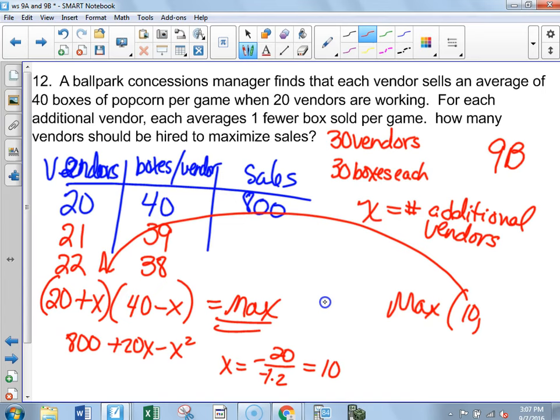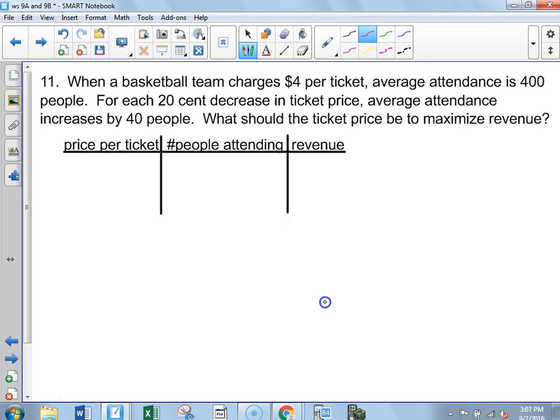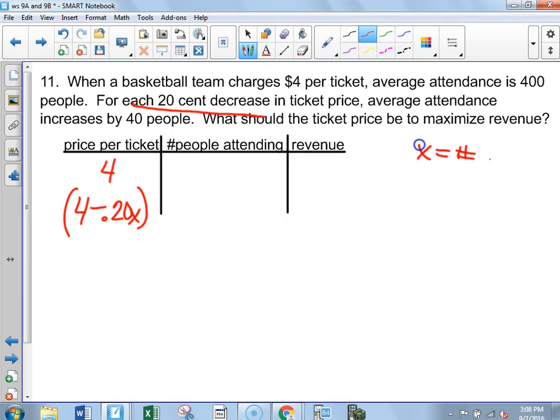Now, the one above it is similar. Just be careful because it starts with $4 per ticket, but it says each 20-cent increase. So this is going to be 4 minus 0.20x, where X is the number of decreases. And this started with 400.